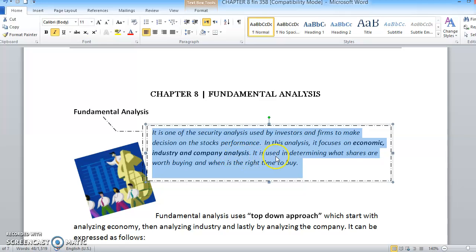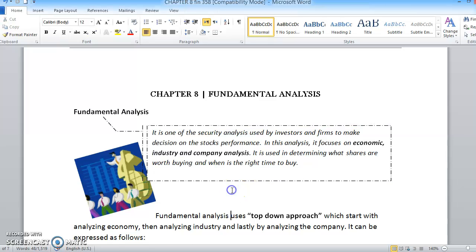It is used in determining what shares are worth buying and when is the right time to buy, when is the right time to sell, and so on. So will the shares give them a positive return or not? This is why they are doing the fundamental analysis.